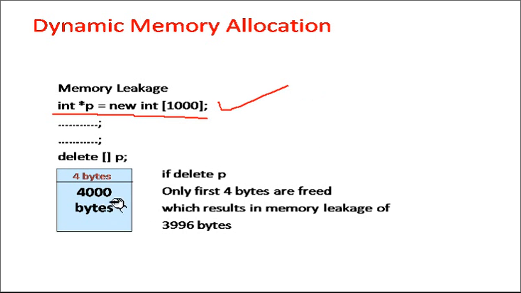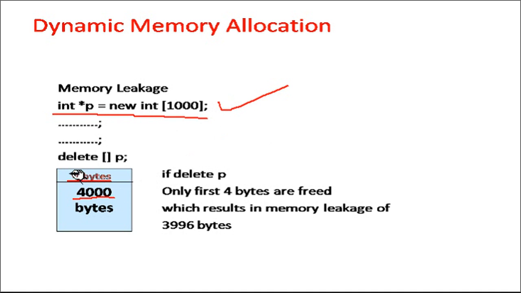It varies from platform to platform. If we are using Turbo C++, which is a 16-bit compiler, an integer takes 2 bytes. So I write int star p, p is a pointer to integer, equal to new int[1000]. This statement allocates 4000 bytes.